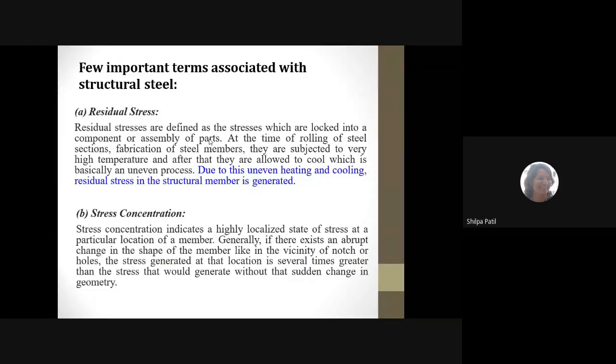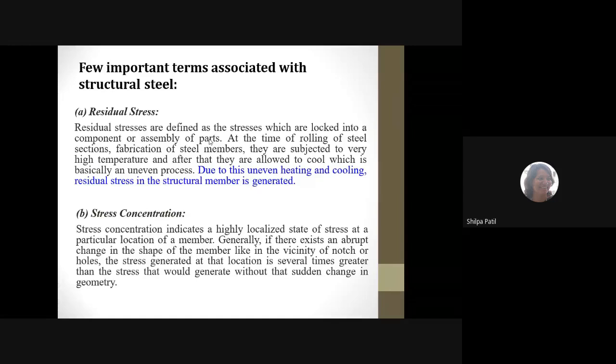Because cooling of a steel section, or the different components of a steel section, does not take place at the same time. If you consider the example of an I section, it consists of a top flange, web, and bottom flange. These three components do not cool down at the same time. There is a variation in the timing of cooling, and because of that, uneven heating and cooling conditions develop in the material, which gives rise to residual stresses in the sections.